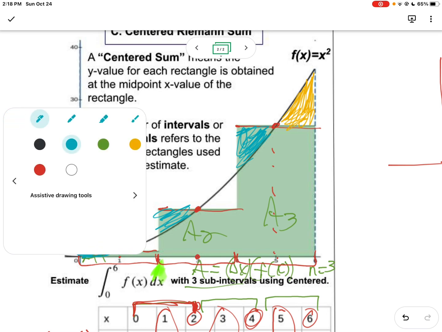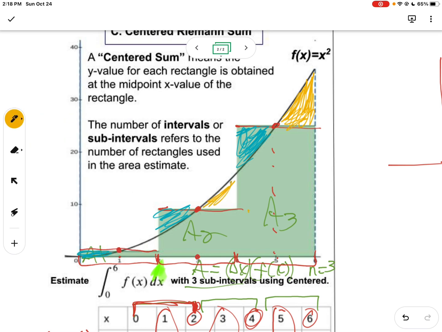And I should probably put the yellow in there to show that's an underestimate and an underestimate. So it looks to be better than at least the left-hand or right-hand sum, right? Because I've got overestimates and underestimates, so there'll be some canceling out. But again, a centered sum means you're getting the y value from the center or the midpoint x value of the rectangle.